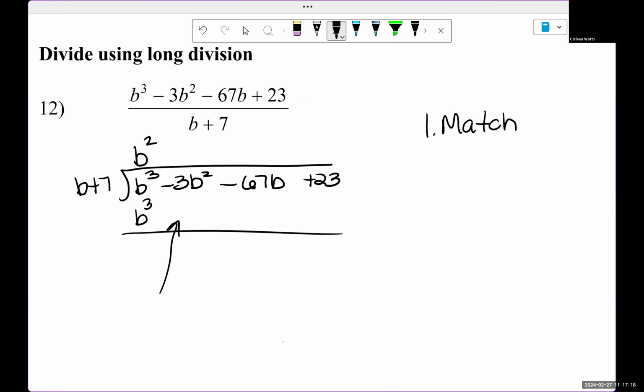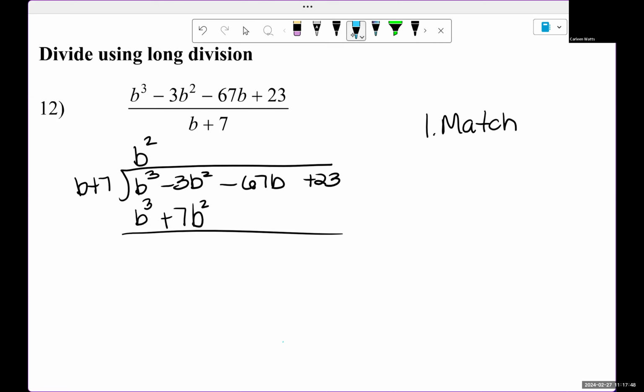Let's put it right there. Positive 7b squared. And over here we subtract. I'm so used to adding, so don't think negative yet. Okay, are we good so far?